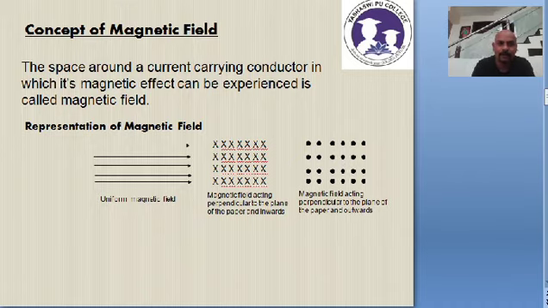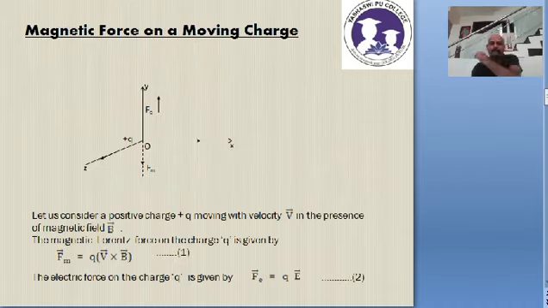Now, coming to this concept, very important, and even for the next topics this concept is very important. Please listen properly. Just imagine a positive charge, plus Q, right now at the origin.